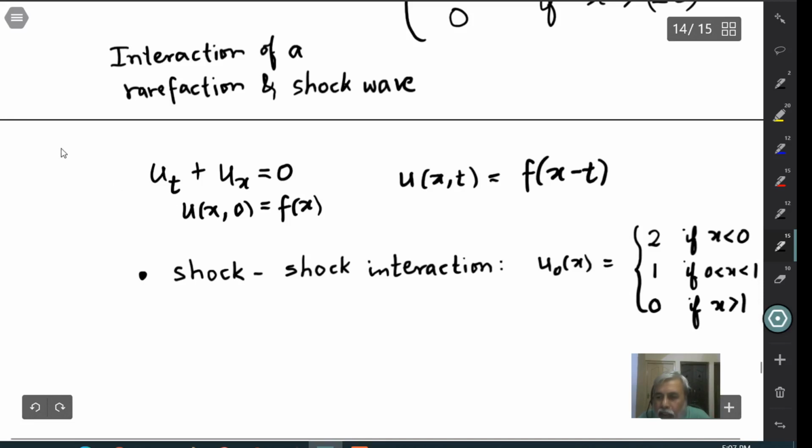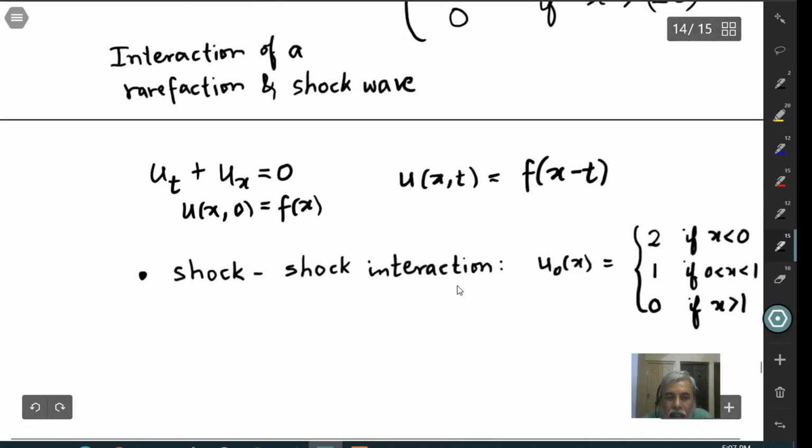So the constant states 2 and 1 are connected by a shock wave, and again the constant states 1 and 0 are connected by a shock wave, and if they interact, then what will happen?